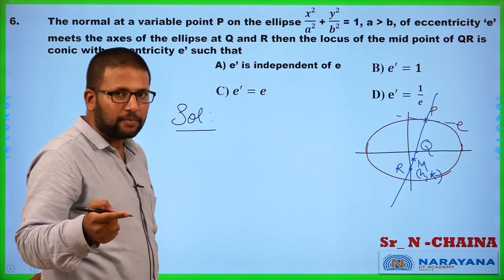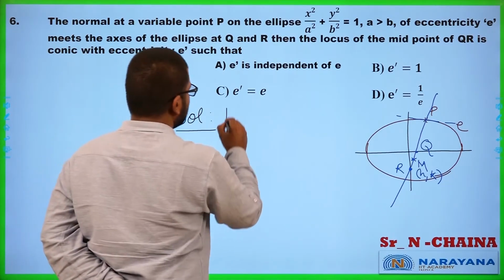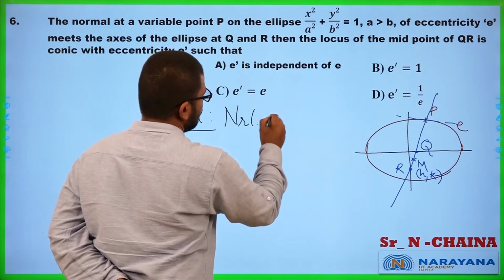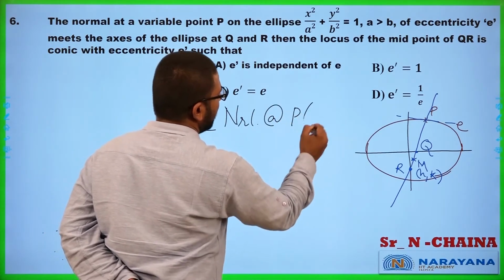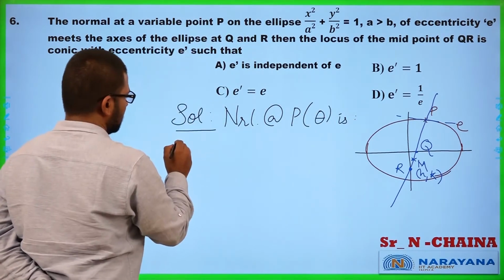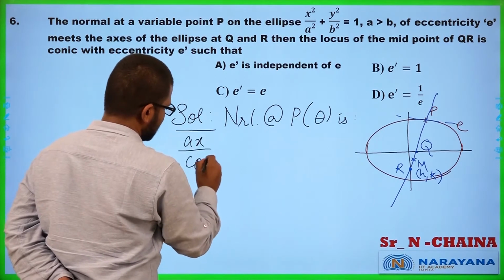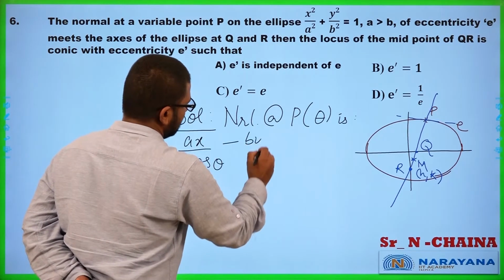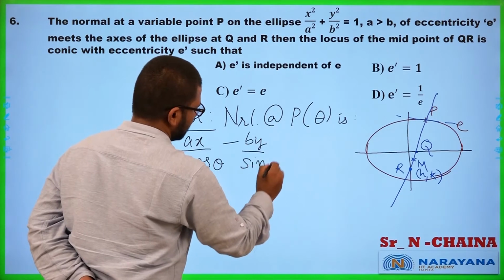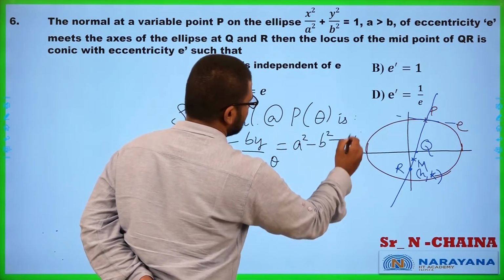To get M, I need Q and R, right? So let us first write equation of normal at any point P on the ellipse: ax by cos theta minus by by sin theta equal to a square minus b square. Correct?